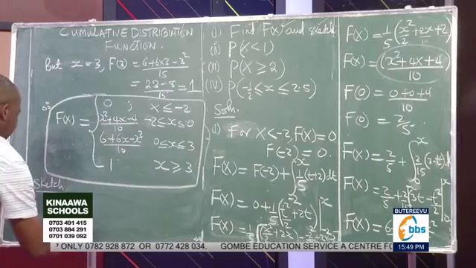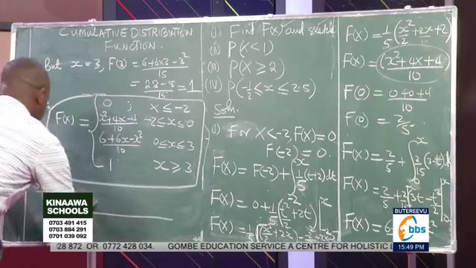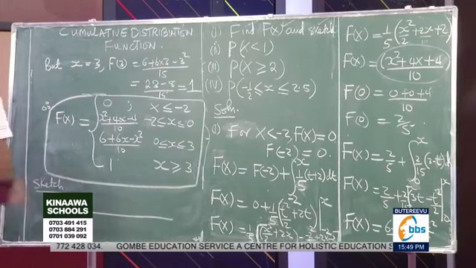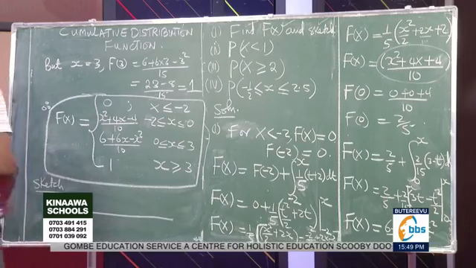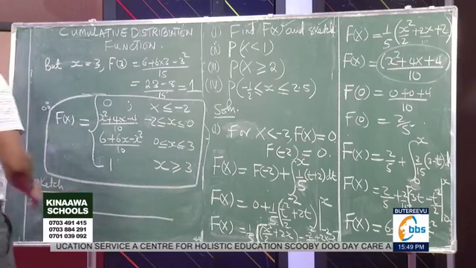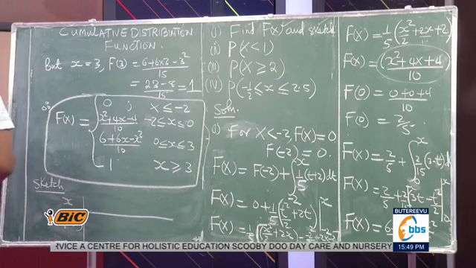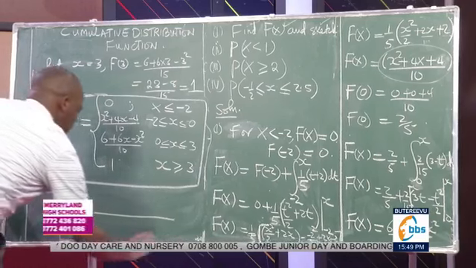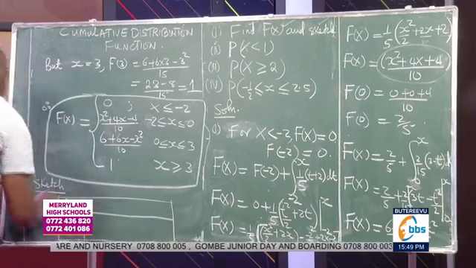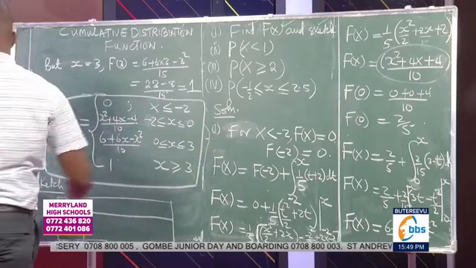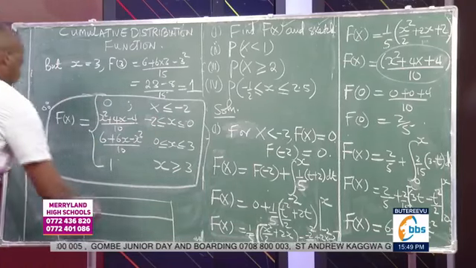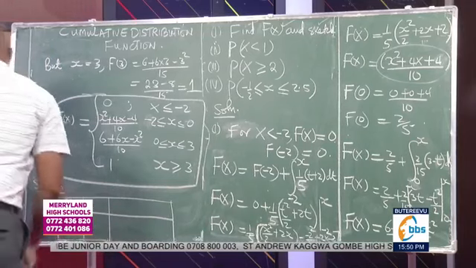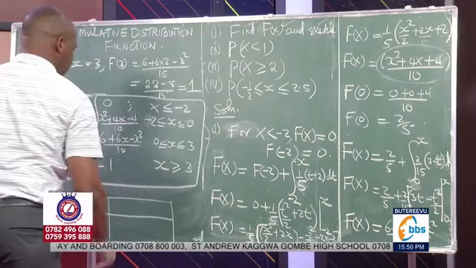X, f of x, because they are now two categories, but we consider the sketch for both of them by looking at either of the two cases. Now, since our limits are between -2 and 3, we shall use 0 to 3.